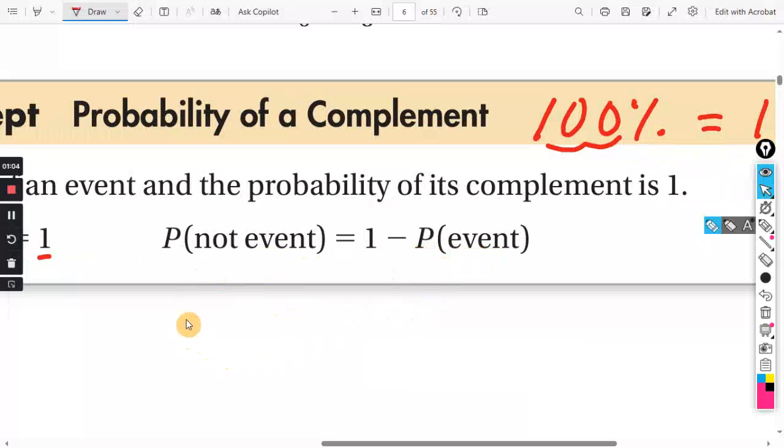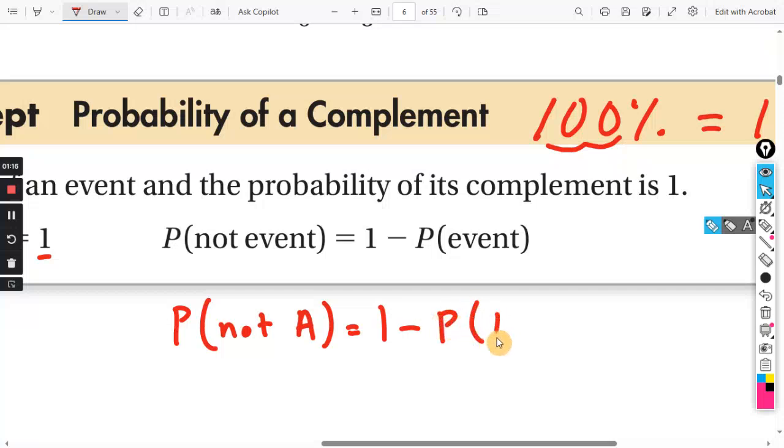So if you let an event equal A, the probability that it is not A is just going to equal 1 minus the probability that it is A. All right, so that's one concept you need to know for this exercise.